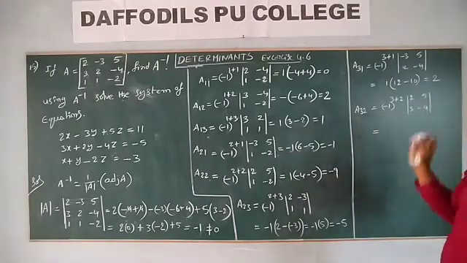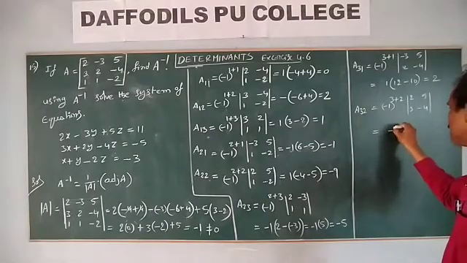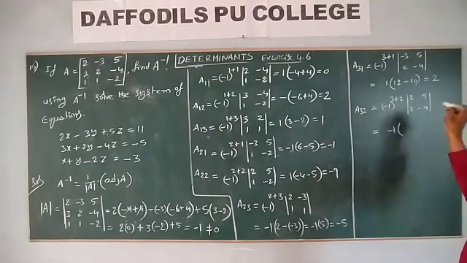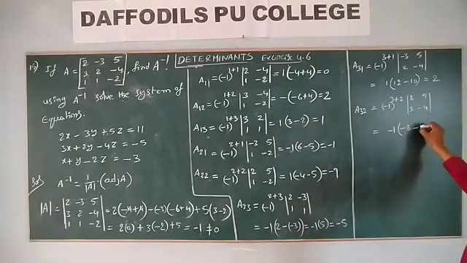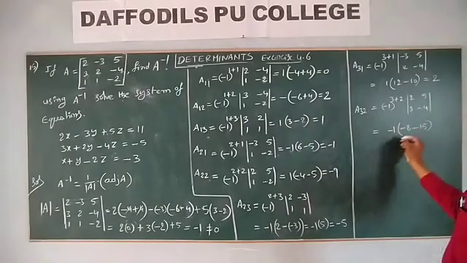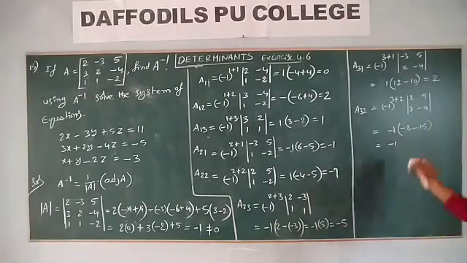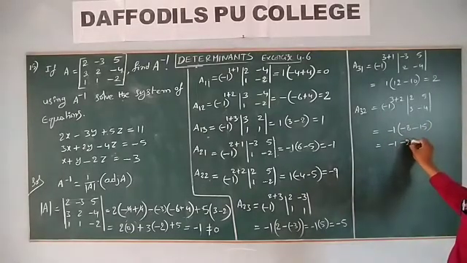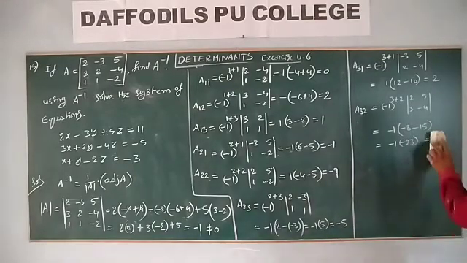This answer is minus 1 to the power of 3 plus 2, odd number, so this is minus 1. 2 into minus 4, minus 8. 3 5s, 15. Therefore that is equal to minus 1, minus 8, minus 15. Minus 23, this value is equal to 23.